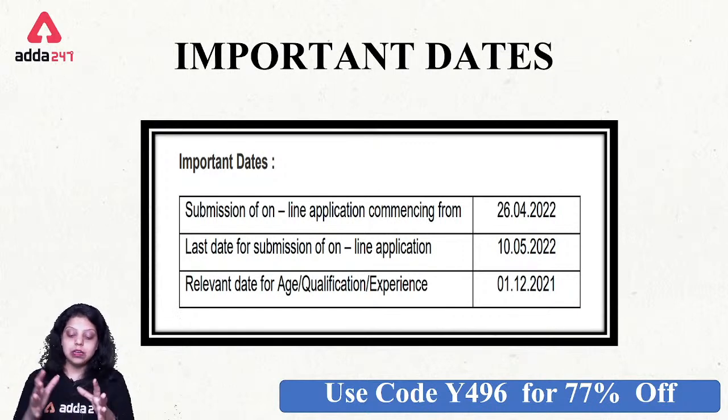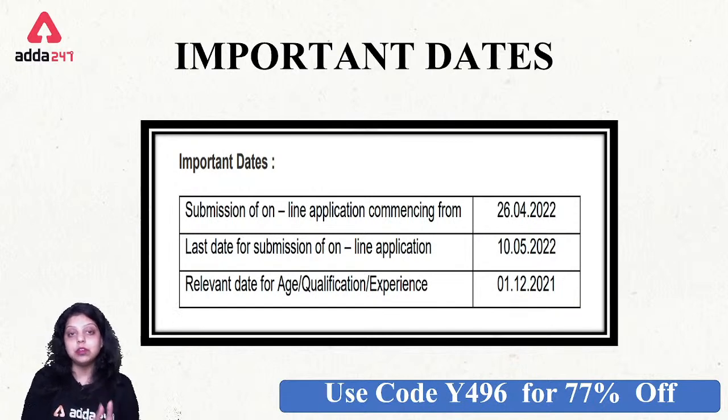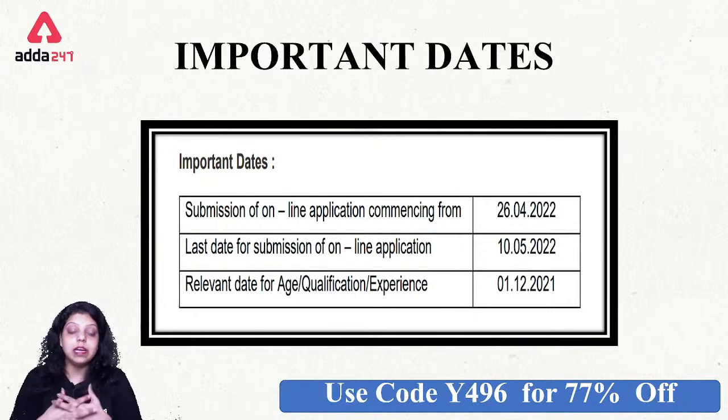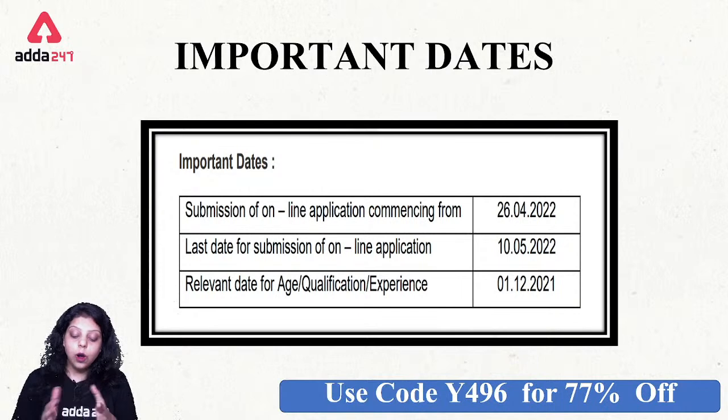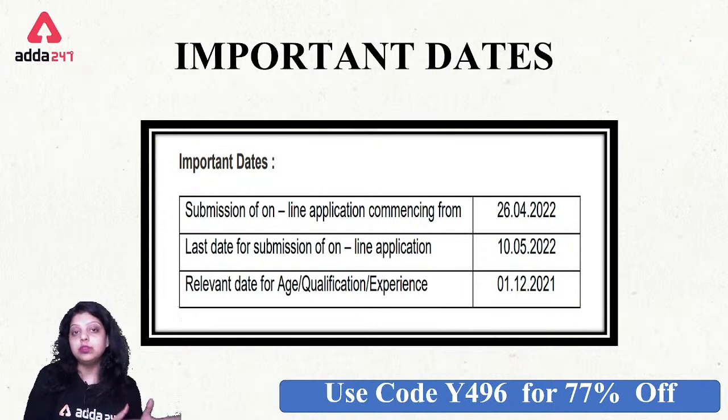Now, what is the age limit for this particular post, what qualification is required, and what experience is required? In each and every notification the recruiter has given us a certain date, and according to that we are eligible to fill this particular form.